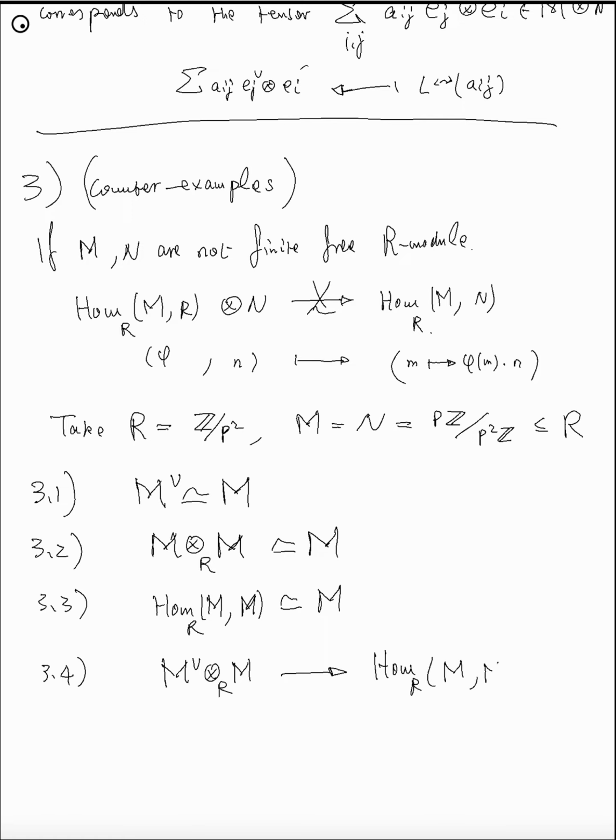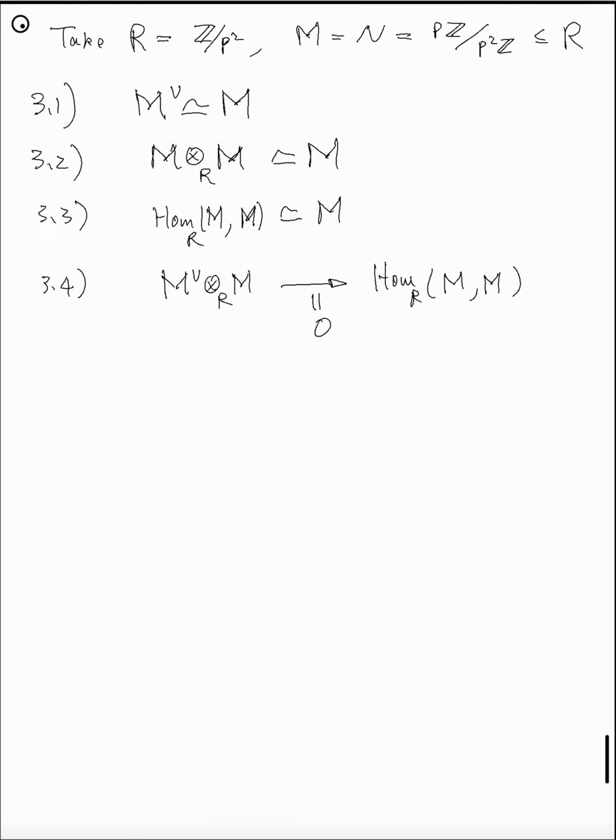If M is a finite free R module, this is an isomorphism, but check that this is the identically zero map. And so this gives you a counterexample after you finish all the sub exercises.